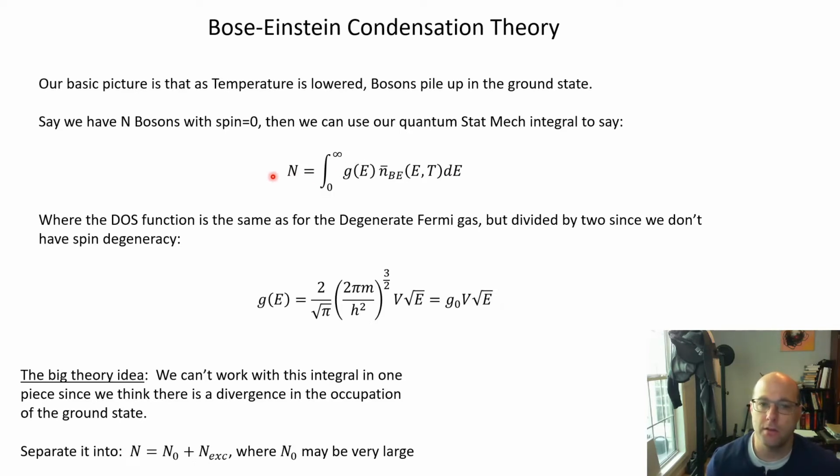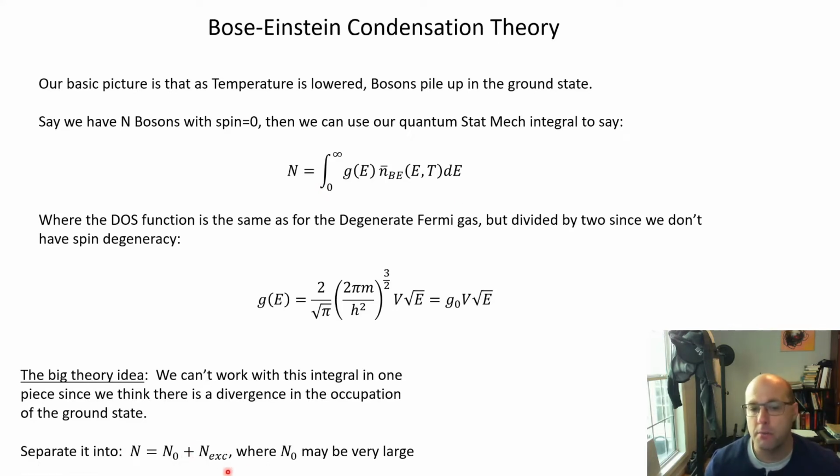And so rather than just treating the number of bosons as one integral over everything, we're going to break it into a piece that we think we can work with and a piece that we think is dangerous, okay? So we're going to conceptually say that the total number of bosons is the number in the ground state, which is the dangerous piece, the piece that should prevent us from just doing this integral straight up.